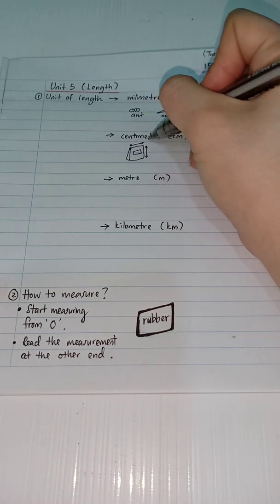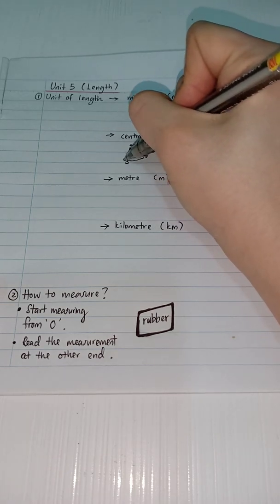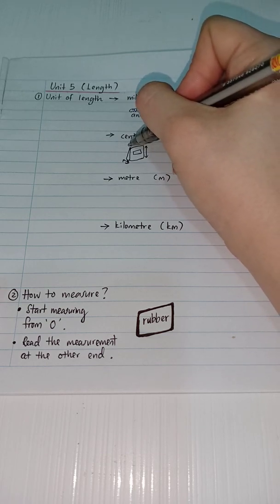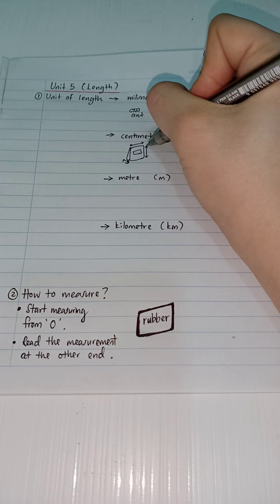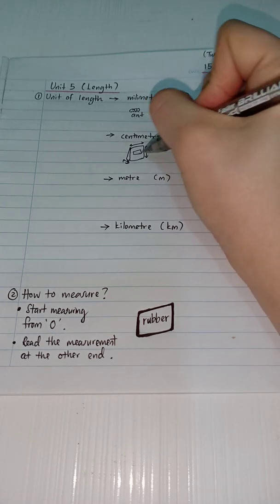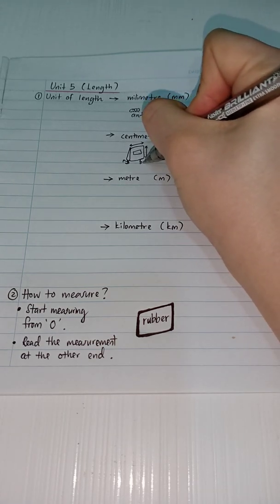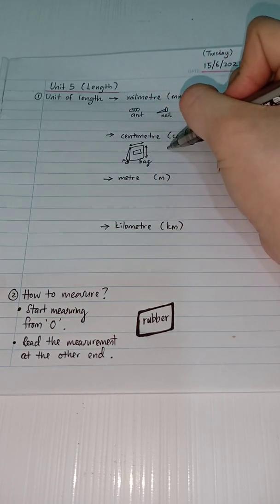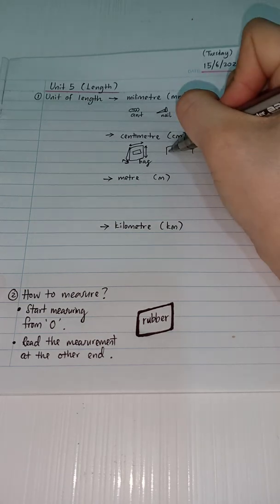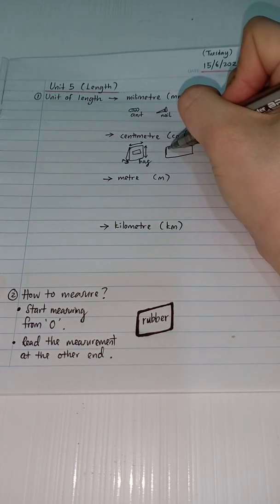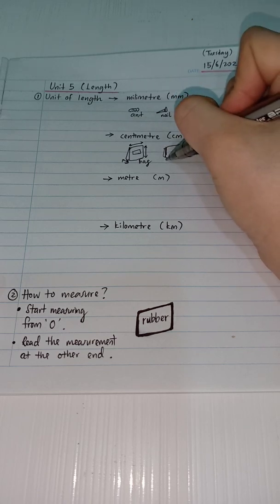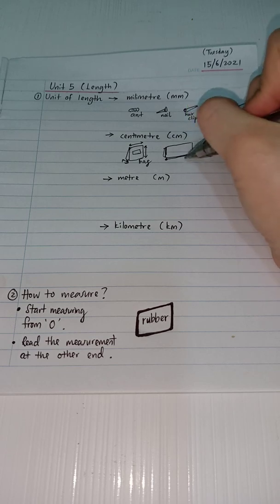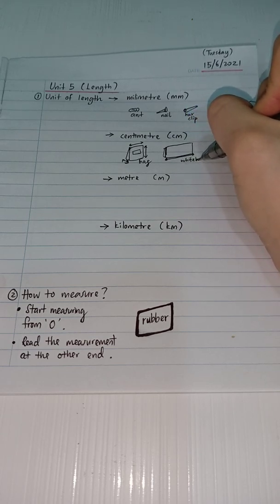Normally this is the width, the length, and the height. Or even if you want to measure the whiteboard or blackboard, the length of the whiteboard maybe 100 cm, so you can use cm.